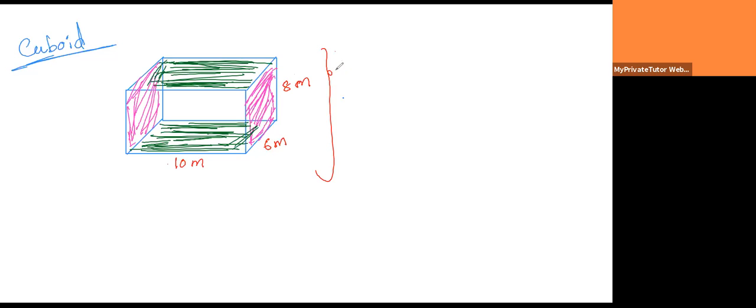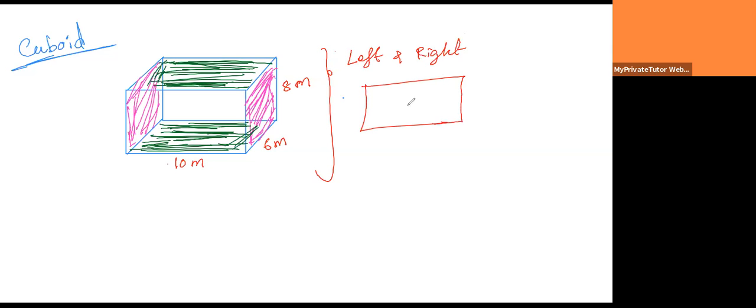Just take the faces. Since it has 6 faces, each 2 of the faces are similar. Let's take the left and right sides, which form a rectangle. I'm just drawing roughly.